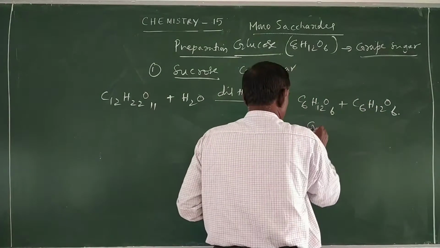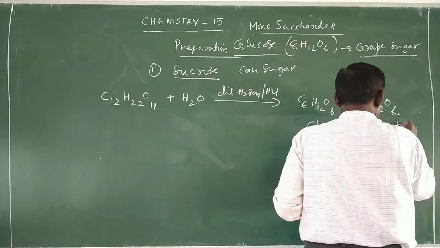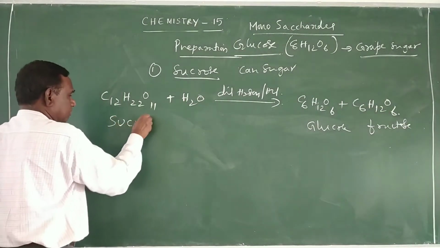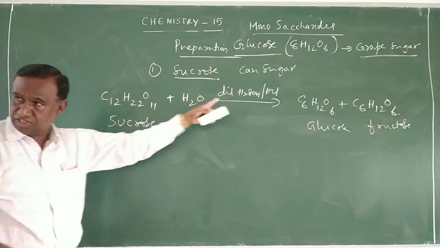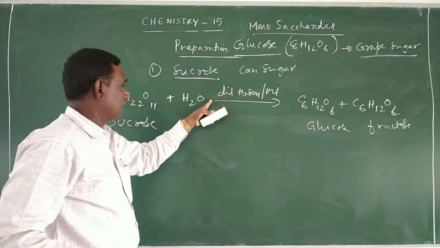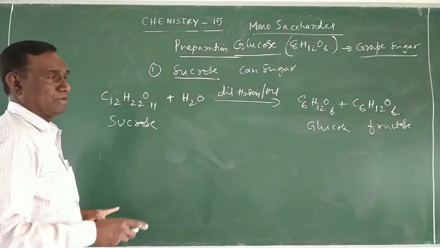This is glucose and this is fructose. So sucrose on hydrolysis gives glucose and fructose. Hydrolysis is carried out by dilute sulfuric acid or dilute HCl. It is the first method.